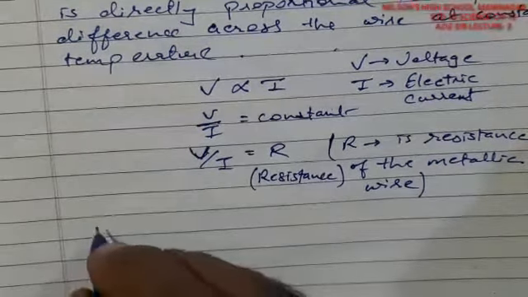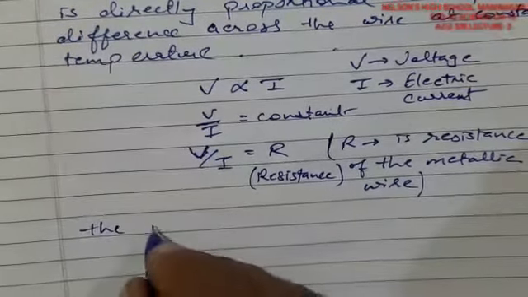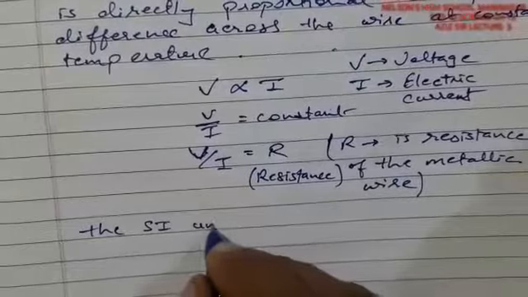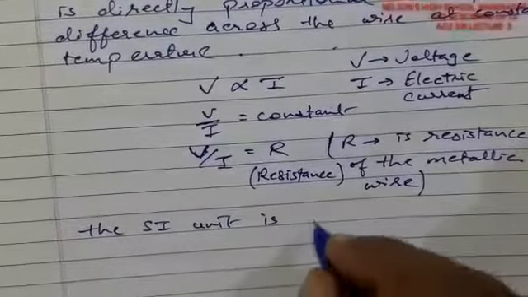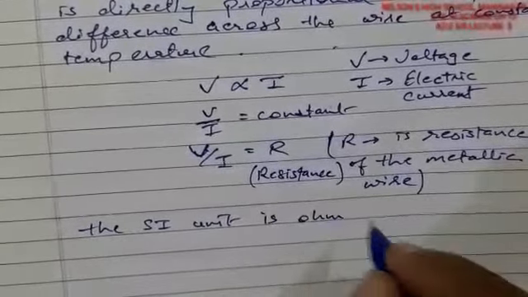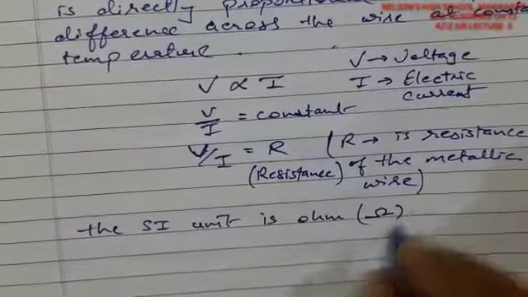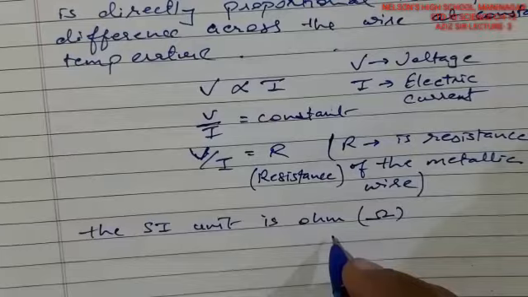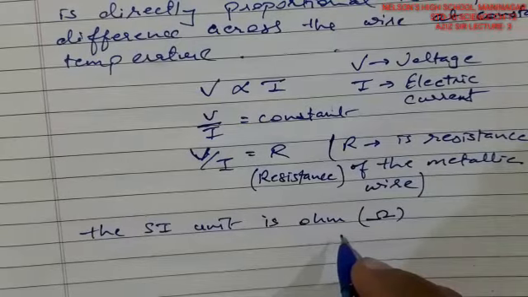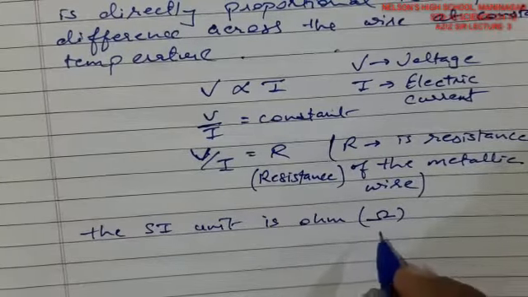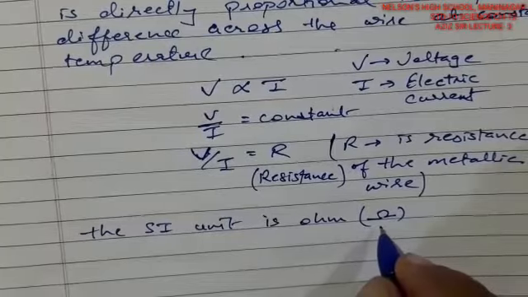The unit of resistance, the SI unit, is ohms, and the symbol of the unit is omega.